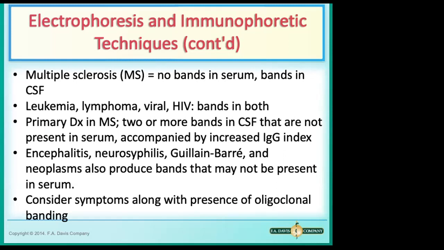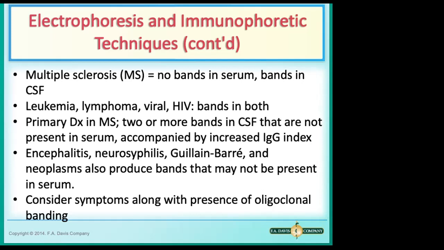Particularly these bands in the CSF that help us diagnose multiple sclerosis can be accompanied by an increase in the IgG index. So it's nice when you're able to see the bands, plus you look at the IgG index. In this case, with multiple sclerosis, the IgG index would be increased. There are other neurological conditions like encephalitis, neurosyphilis, Guillain-Barré syndrome, and other neoplastic disorders that also produce oligoclonal bands that may not be present in the serum.